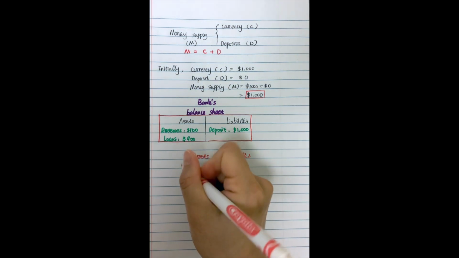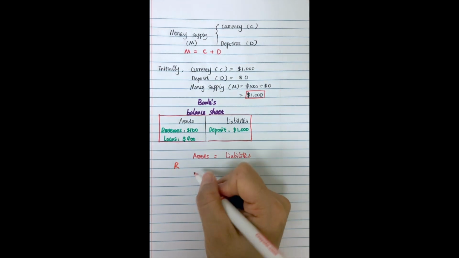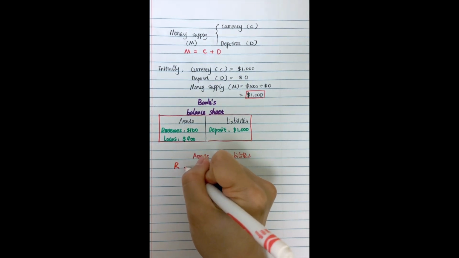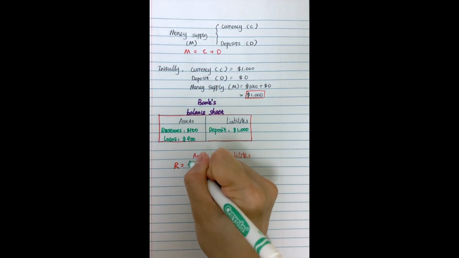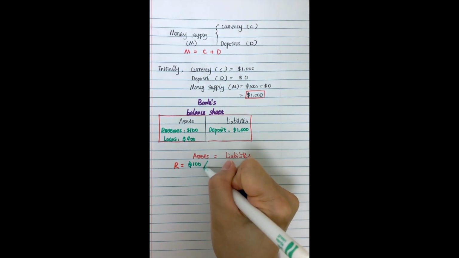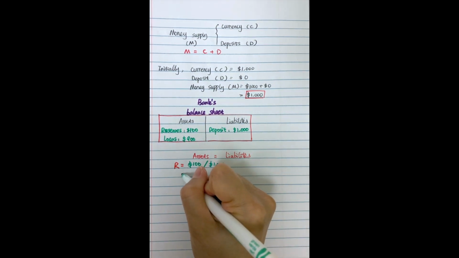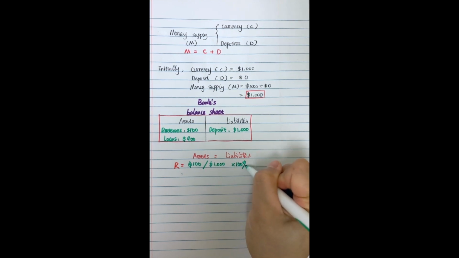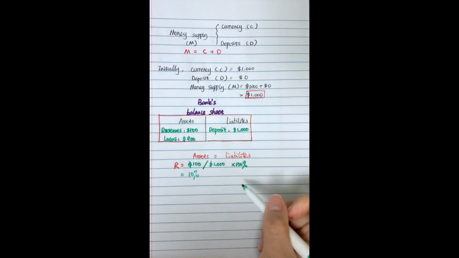I use R here to represent the reserve ratio. Okay? So this reserve ratio equals $100, this is our reserves, right? Divided by the original deposit, $1,000, and then times 100%. Okay, so this will give us the reserve ratio equal to 10%.